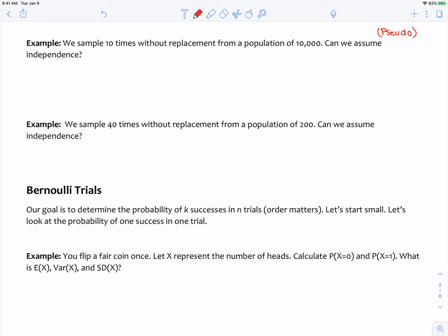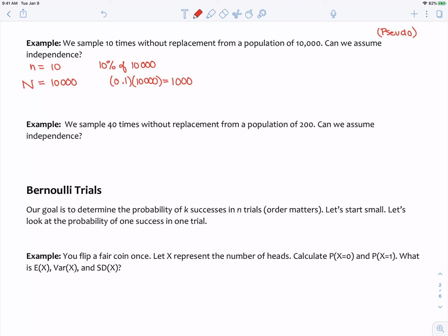We know that n, our sample size, is 10, and our population size, uppercase N, is 10,000. We can calculate 10% of 10,000 numerically as 0.1 times 10,000, changing the percent to a decimal, and that's equal to 1,000.